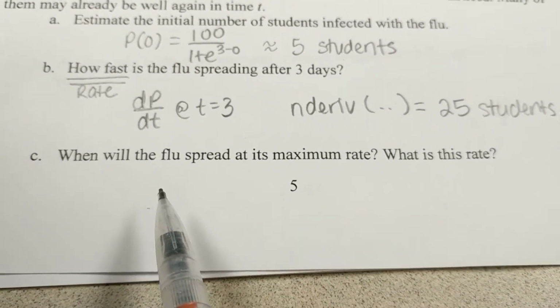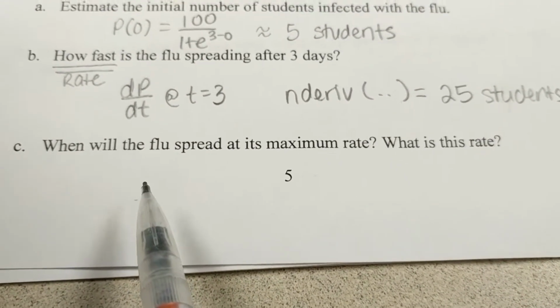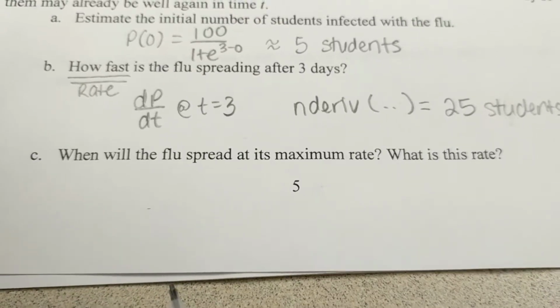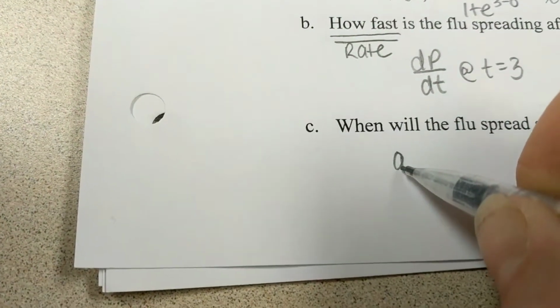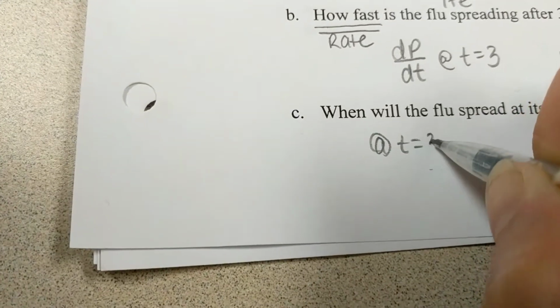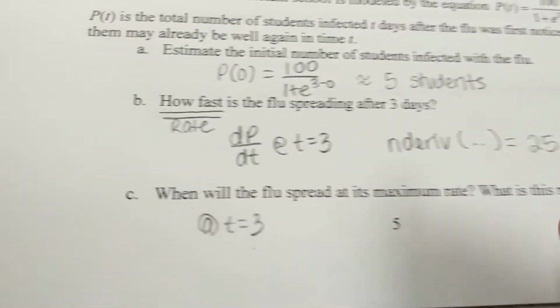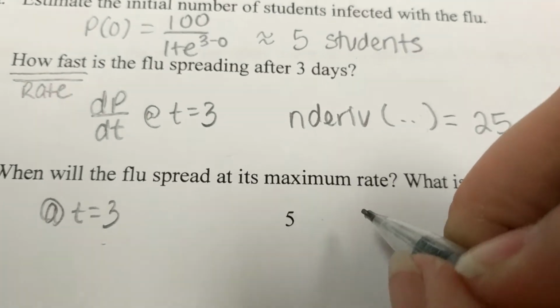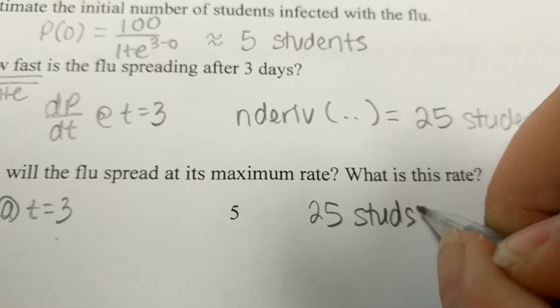So go ahead and put that into y1, graph the n-deriv function and find the maximum. And we find that the maximum happens at time 3. And as we saw up here at time 3, the rate was 25 students per day.